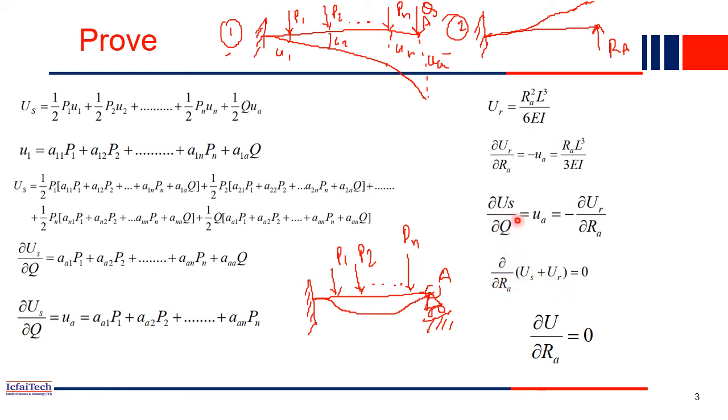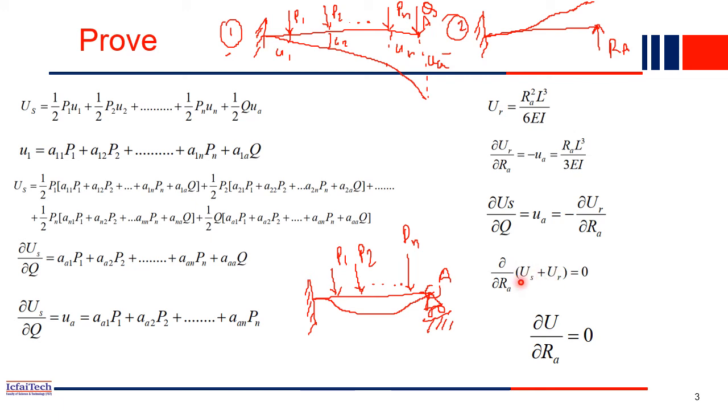What is Q? Q was an imaginary load acting on it, so we can conveniently replace Q with RA, because at point A we added Q as an imaginary force. Replacing Q with RA, this is our final expression: US plus UR equal to zero.